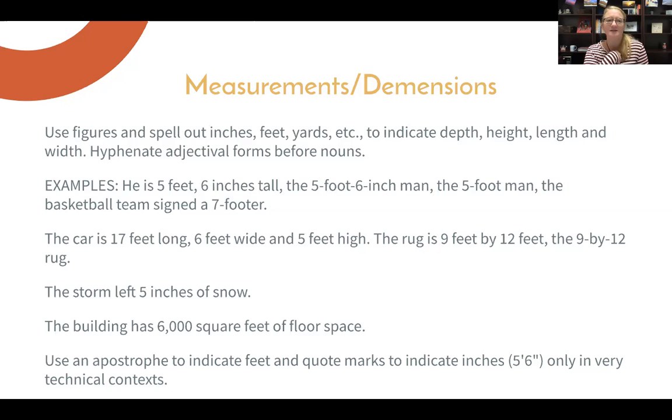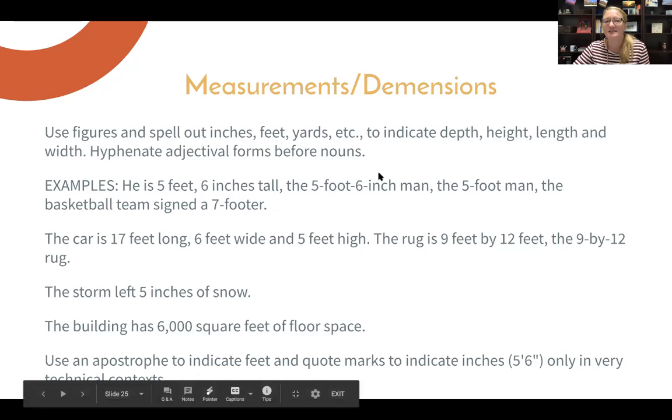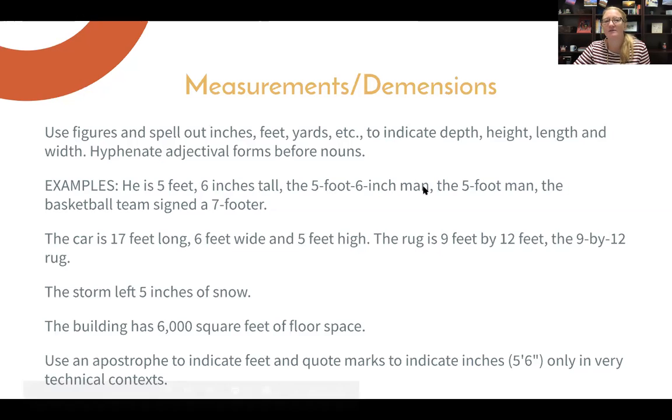To do that, you use figures, which are the actual numerals, and you spell out the words inches, feet, yards, etc. to indicate depth, height, length, and width. You want to hyphenate when they become adjective forms before the noun, like a 3-year-old boy. It would be a 5-foot-6 man. So it's becoming an adjective rather than a noun.